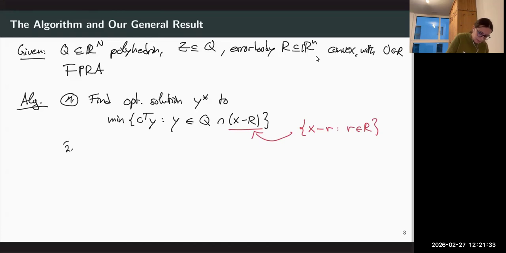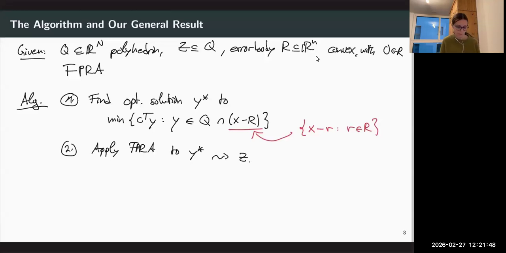And our second step is that we apply our face-preserving rounding algorithm to y star, and this will give us a vector z. And now, what's the theorem that we prove?